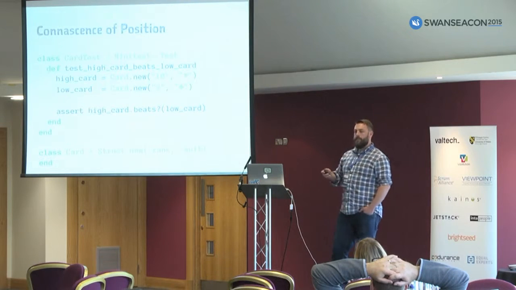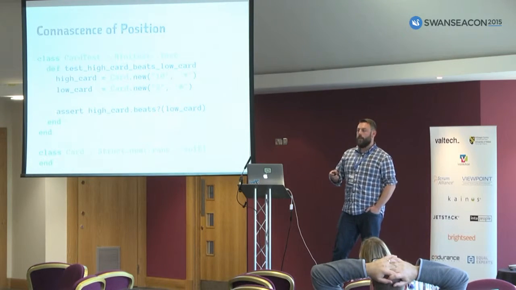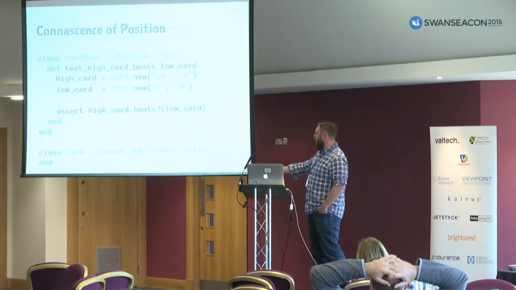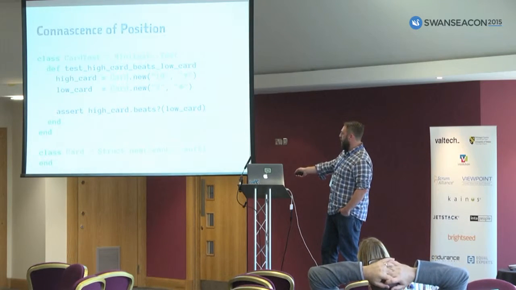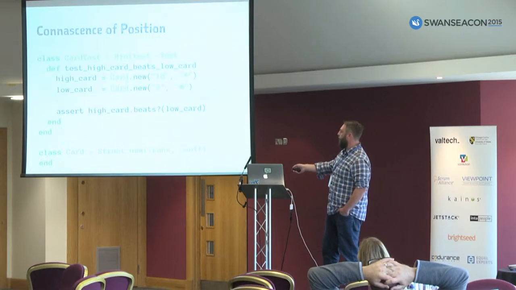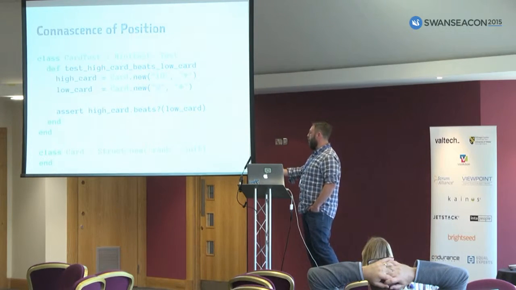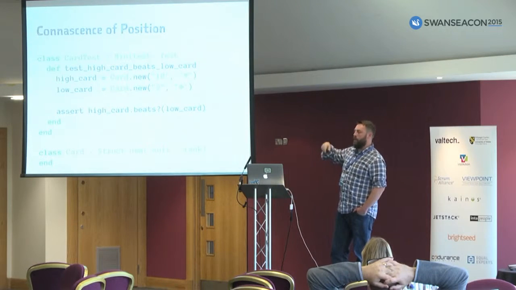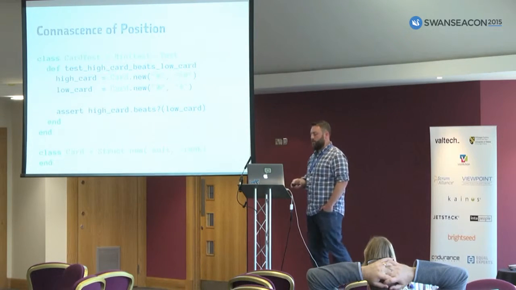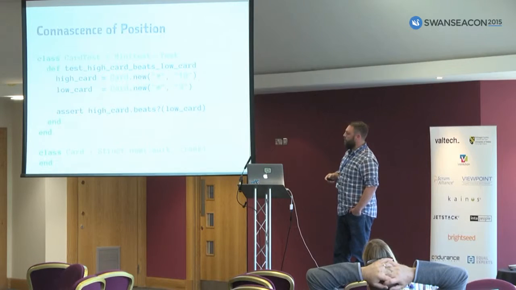Yes, so in the struct here, this gives us a constructor which gives us an order. So we have to create a card with a rank and then a suit. If we change that around, that ripples through and we have to change that in the test.